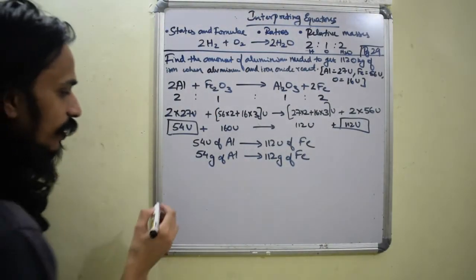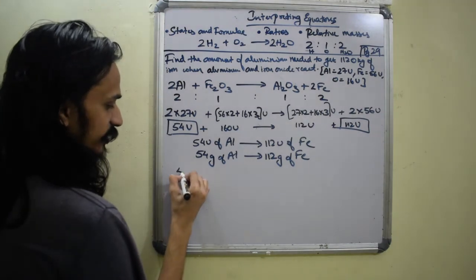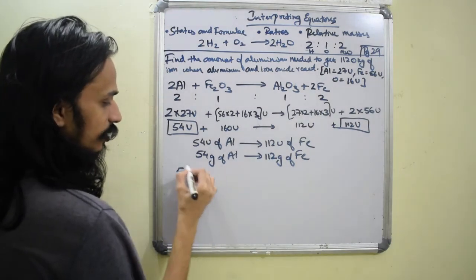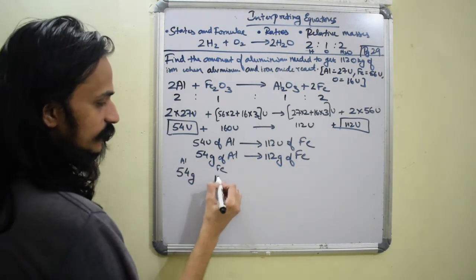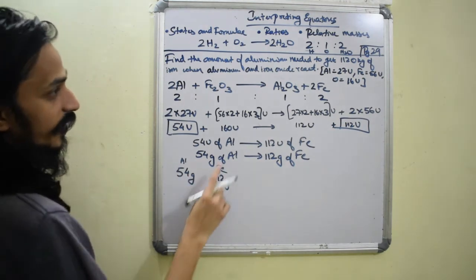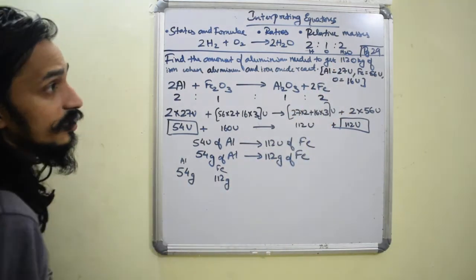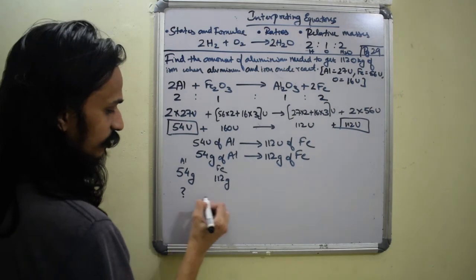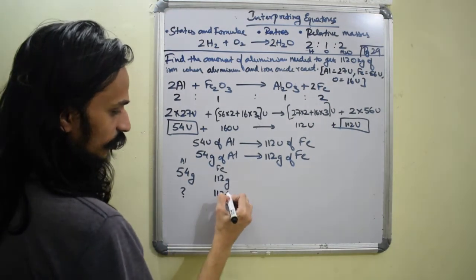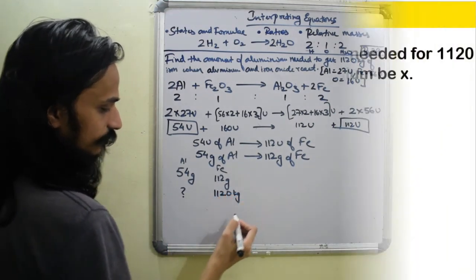Crisscross, if you remember, we put something like this: 54 g, this is aluminum, this is iron. 54 grams gives me 112 grams. But I need to find 1120 kilograms. So how much aluminum do I need to get 1120 kg?